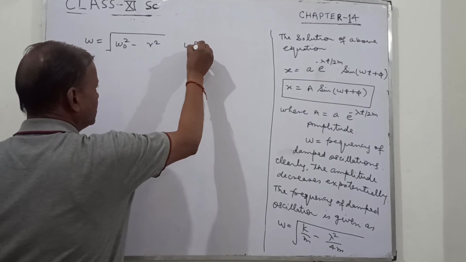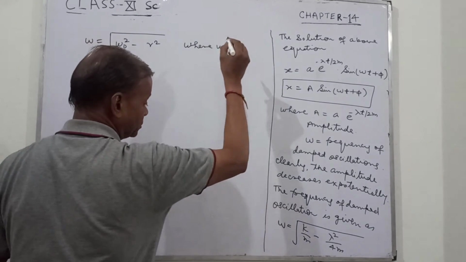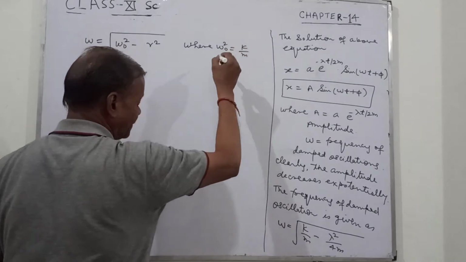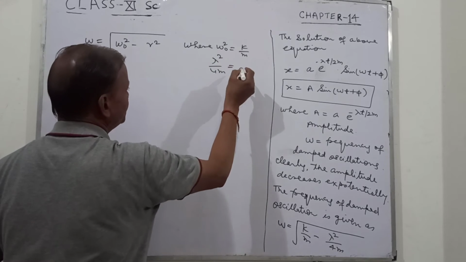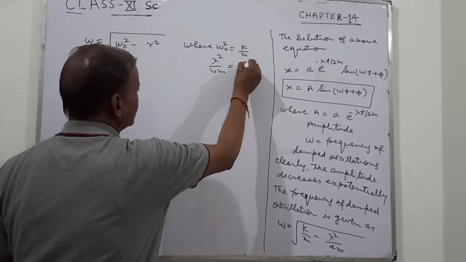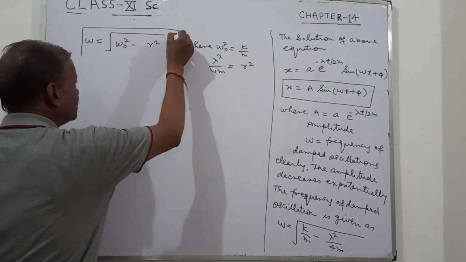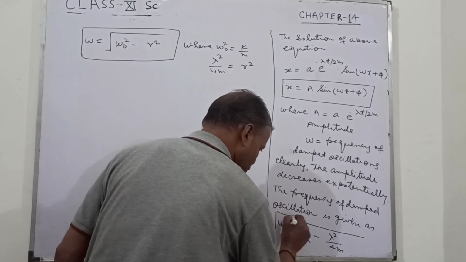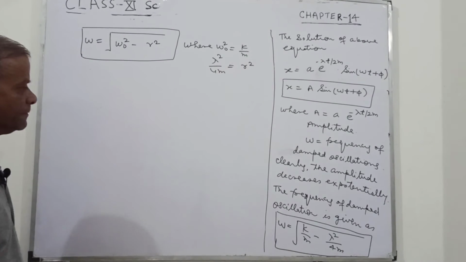Where omega naught square equal to k upon m and lambda square upon 4m is equal to r square. So this is the frequency. Either you write to this one or you write to this one. This gives you the frequency.